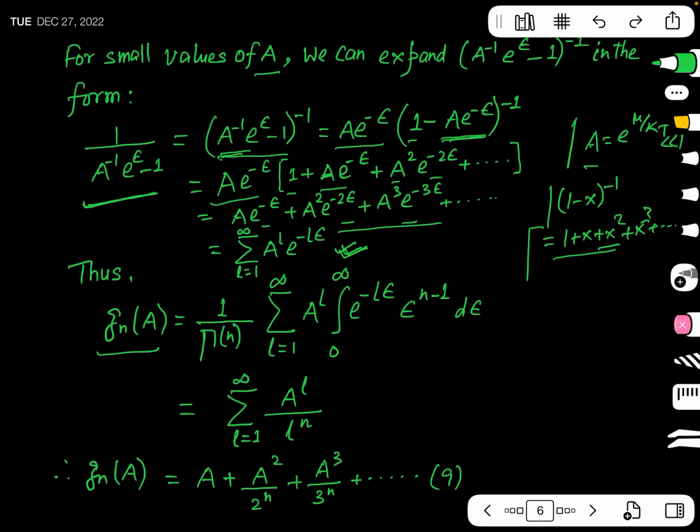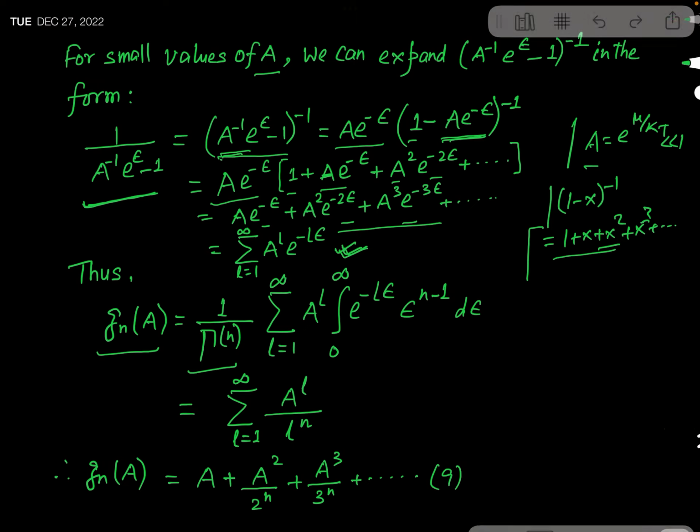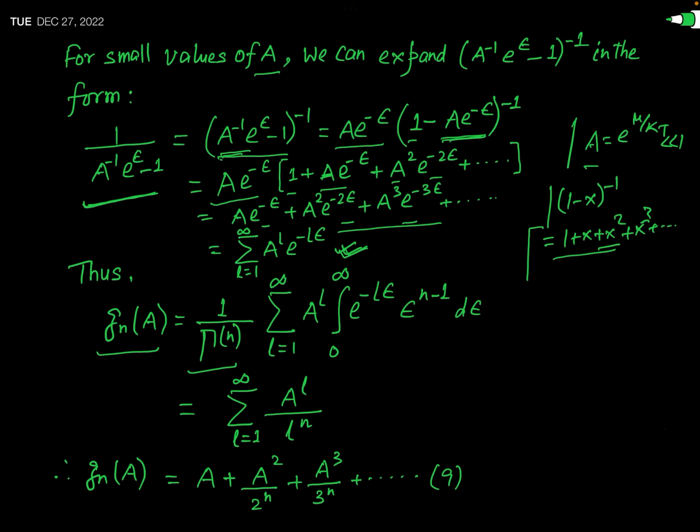You can see g_n(a) will be equal to 1 over Γ(n) times the summation over l from 1 to infinity of a to the power l times the integral from 0 to infinity of e to the power minus l epsilon times epsilon to the power n minus 1 d epsilon.